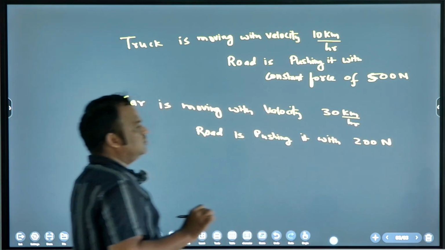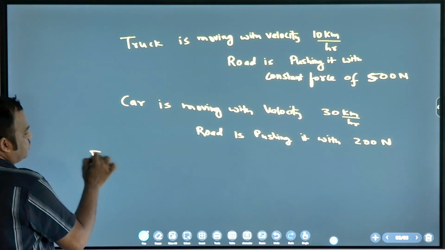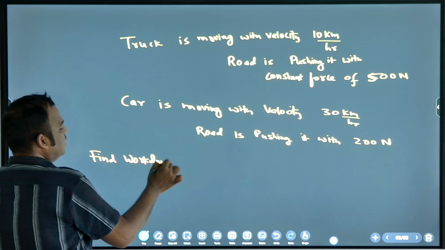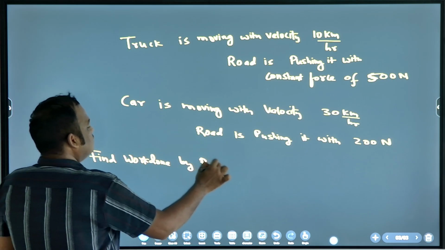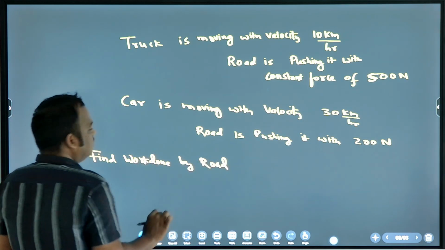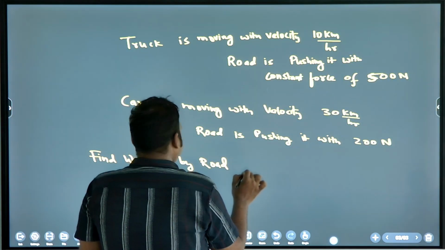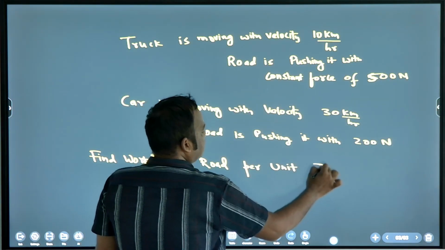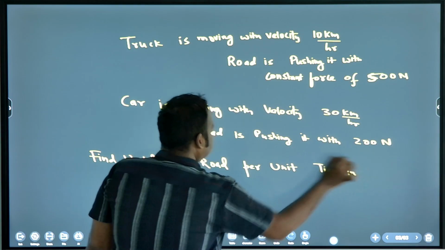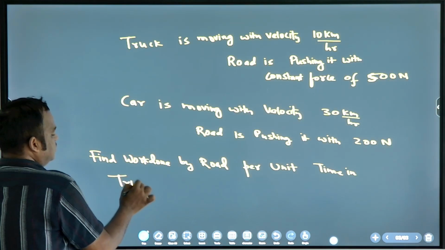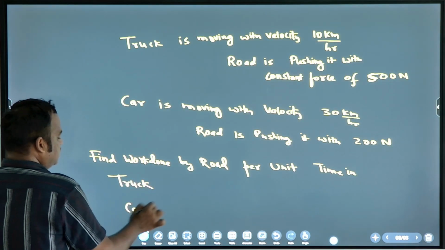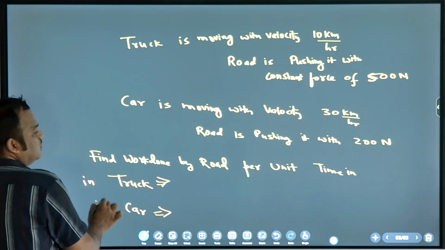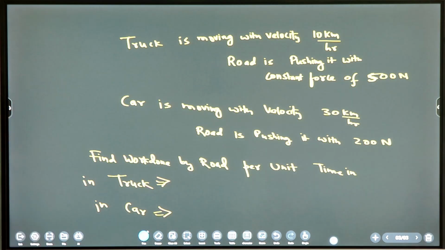Find work done by road per unit time in truck and car. Okay, solve.